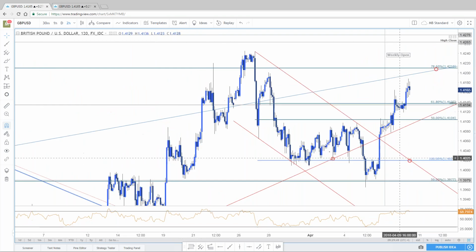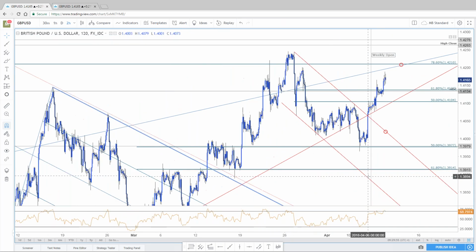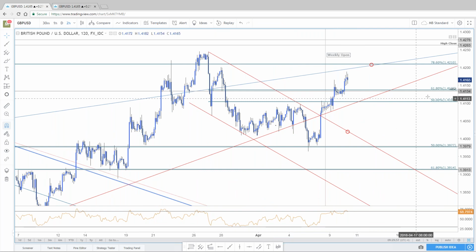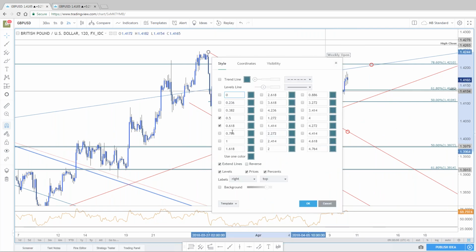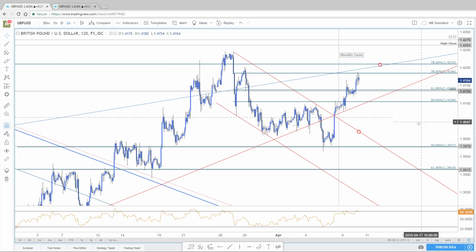So let me actually just clean up these levels for you right here while we're at it. So this is actually the 786 retracement of the range off that high we made last month.